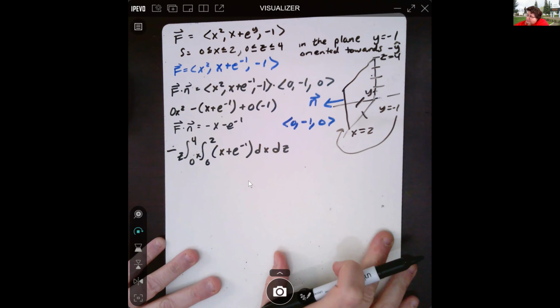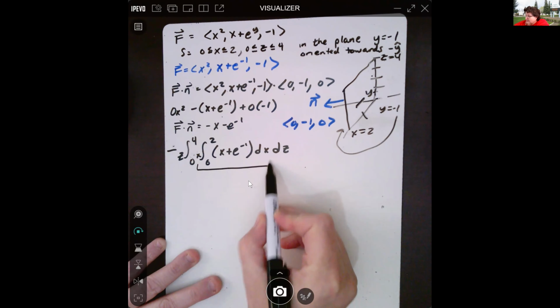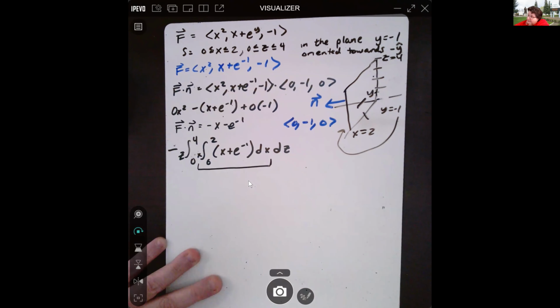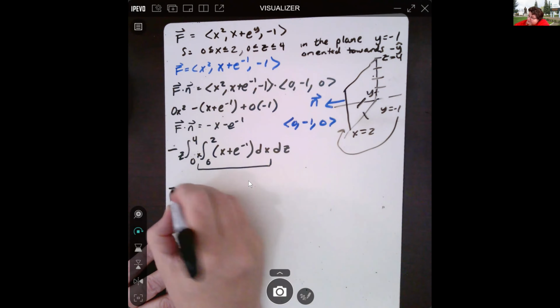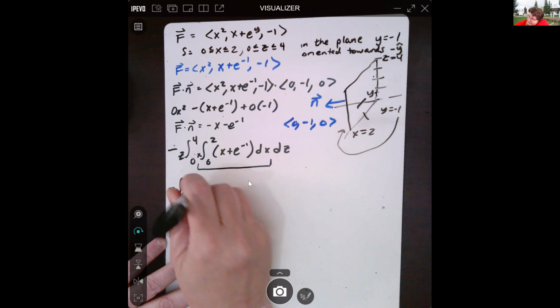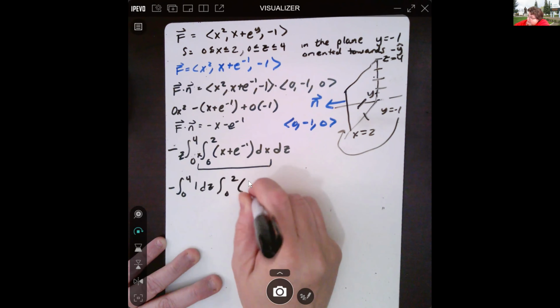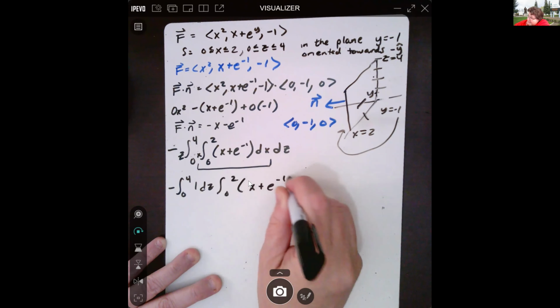This is not separable. Well, I guess it technically is. Yeah, it is. This is just constant with respect to z, so I could separate this. I could do negative integral from 0 to 4 of 1 dz, and then integral from 0 to 2 of x plus e to the negative 1 dx.